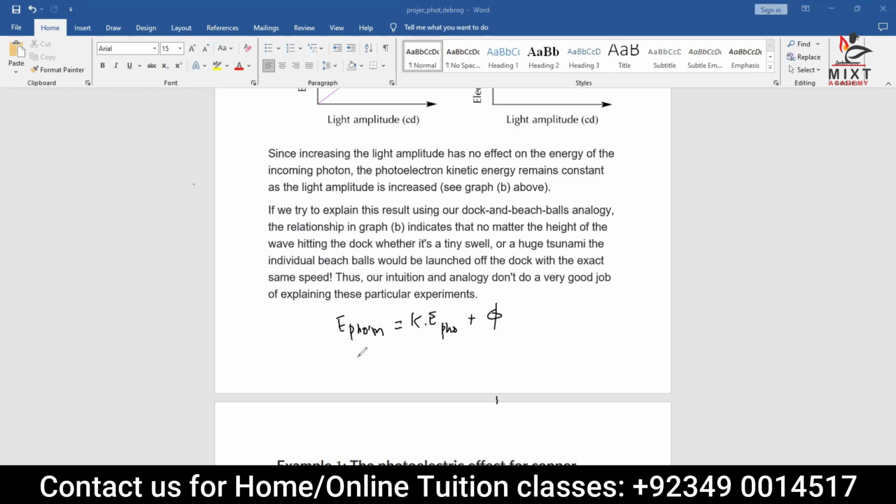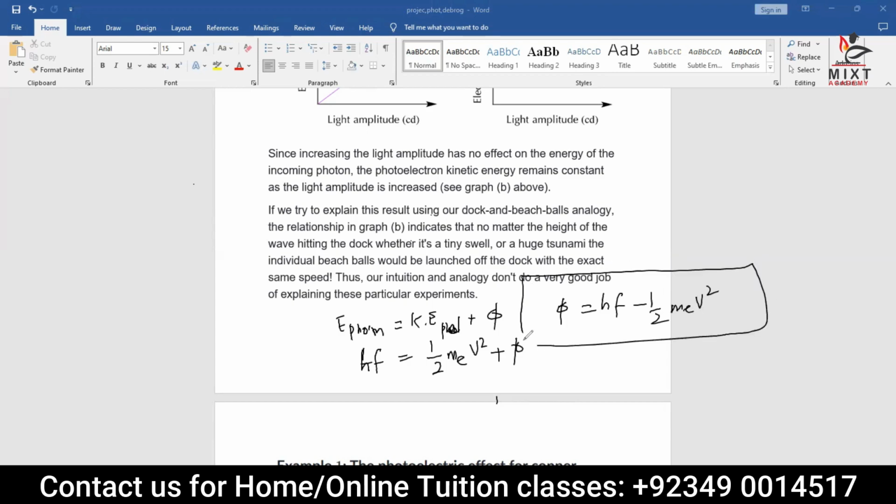E photon is equal to hf, and the kinetic energy of the electrons is equal to 1/2 mv squared, plus phi. So technically speaking, the phi value will be equal to hf minus 1/2 mv squared. This is the formula to find the minimum energy required to knock an electron out of the metal.